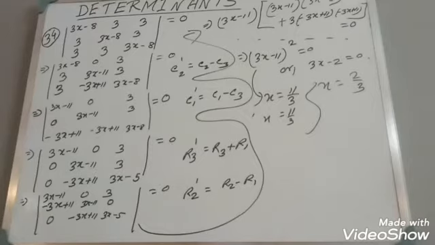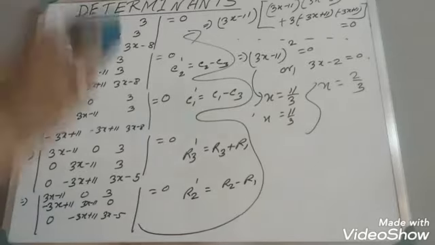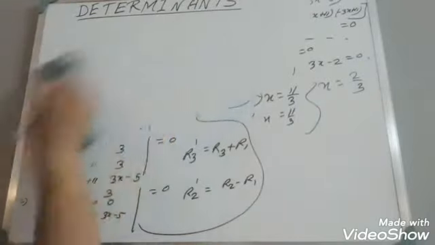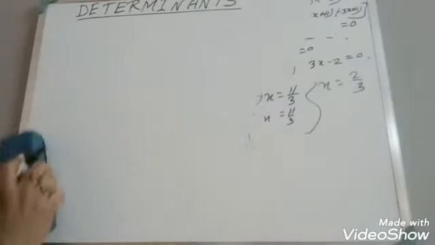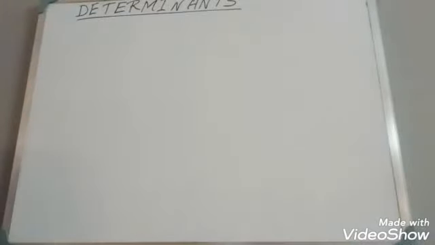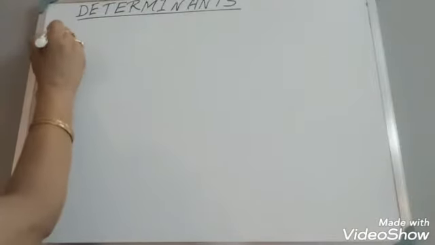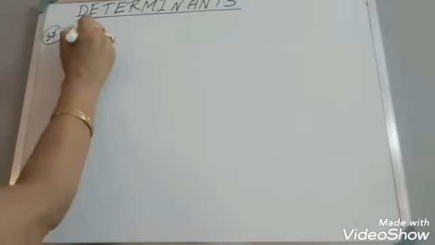Next, sum number 37. Let me rub the board. We are doing all the sums from SND determinants. Next, sum number 37. What is written?